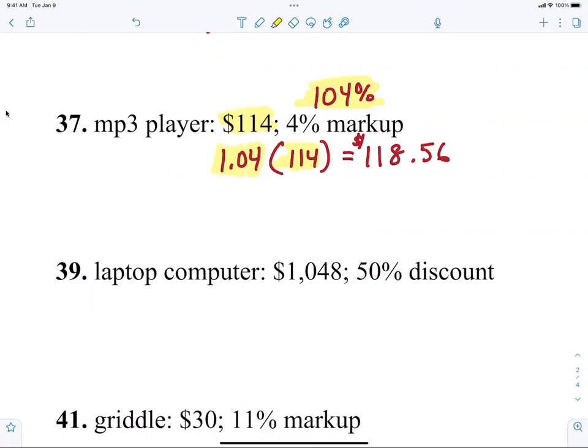Hold on one second. I want Addison to finish. You ready for number 39, Addison? Yeah. Almost. Okay.